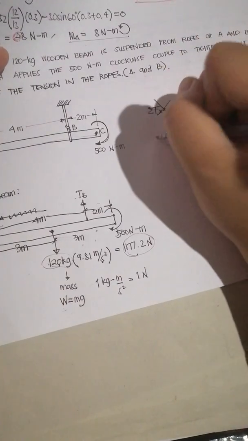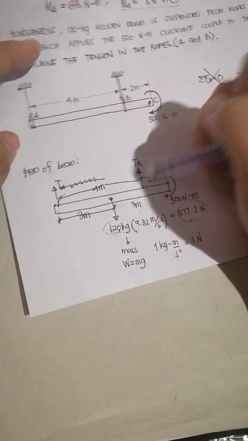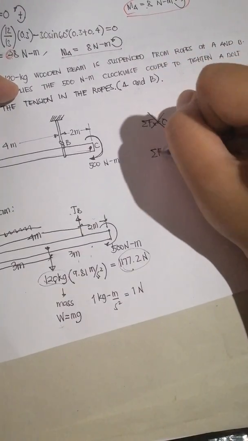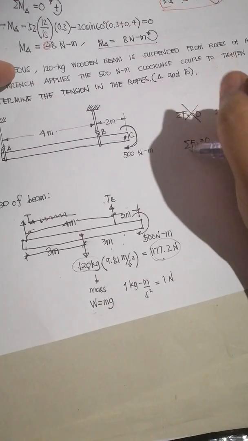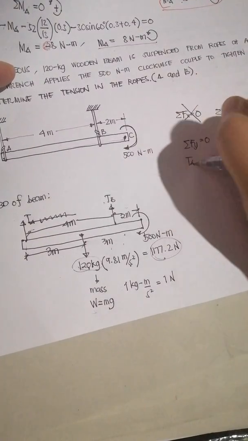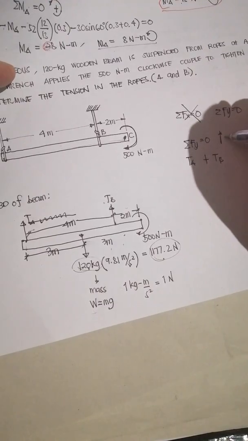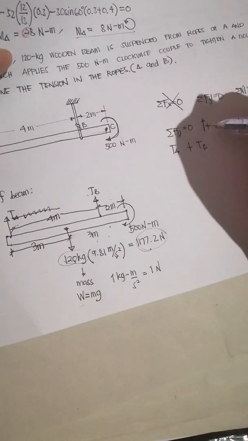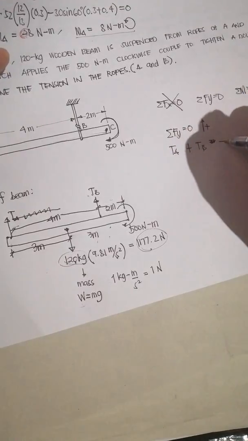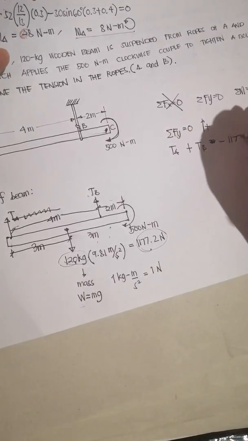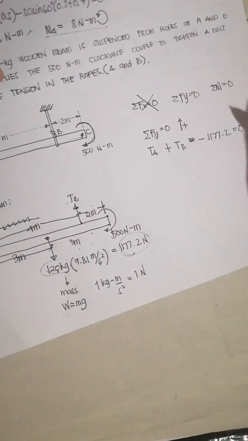It would be easier to use summation of forces in y equals 0. We'll have TA plus TB, upward forces positive, equals minus the downward force, which is the weight, 1177.2, equals 0.